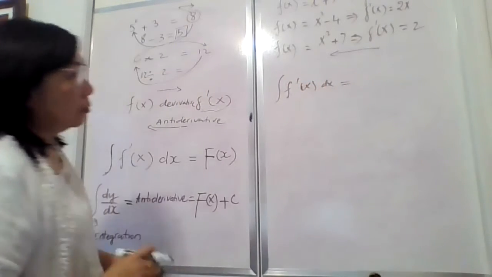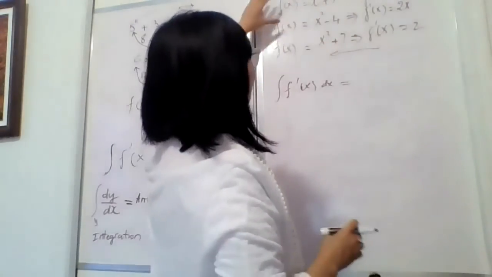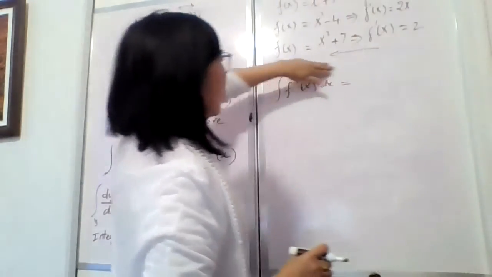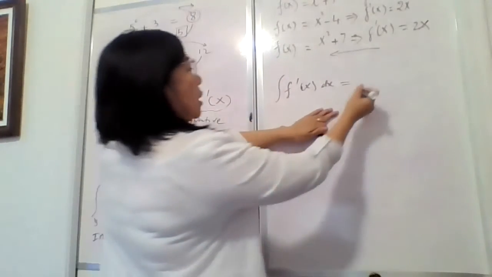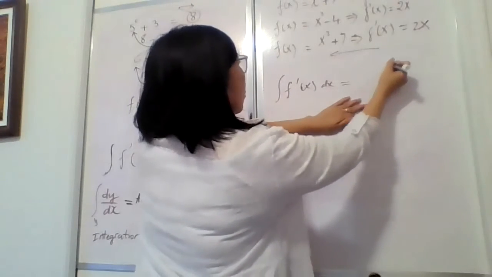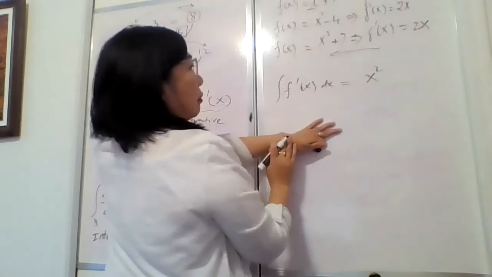Then we undo this, right? So we go forward here, now we go backward. Actually, this 2x, right? So then what do we get? We get x squared back again, right? Because this function is x squared.